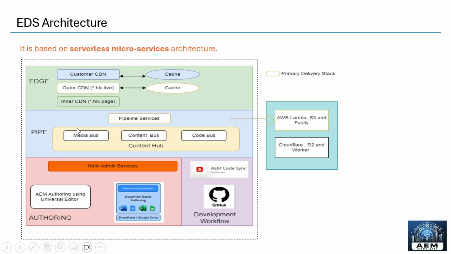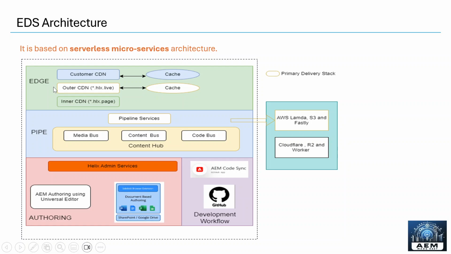The third is authoring of content using Google Docs and Word Online, and then publishing into a content store, like Content Bus. And then the development workflow: how GitHub can be used, and how the development environment can be set up. Okay, let me explain each area in detail.